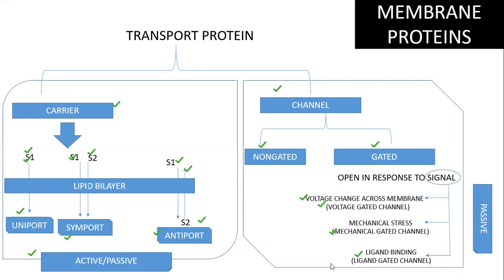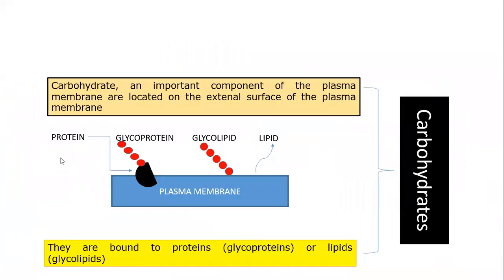So these are basically the gated proteins. Now the transport in case of channel proteins is basically passive, that means no energy is required. I will tell you later on. So these are the transport proteins. Now here comes a short thing which is present in the plasma membrane: carbohydrate. Carbohydrate is an important component of the plasma membrane.